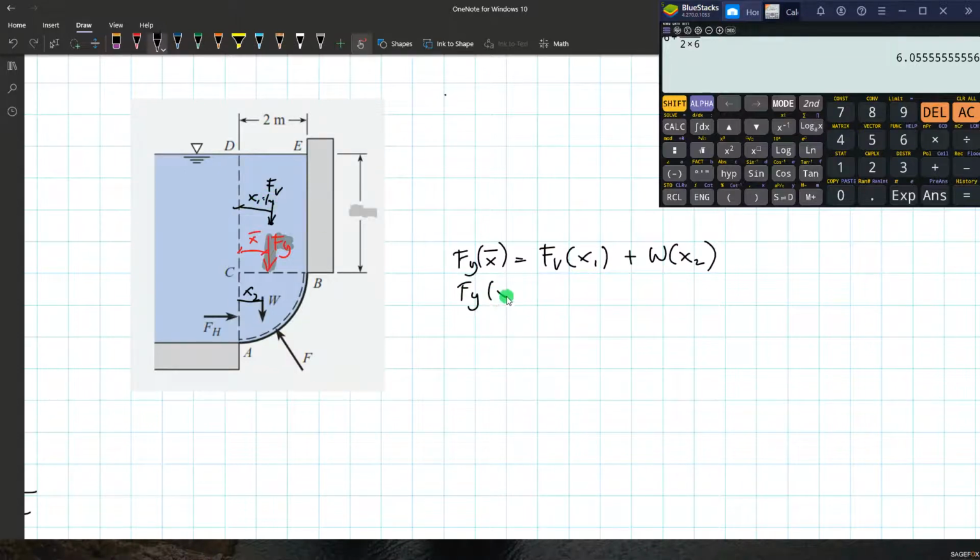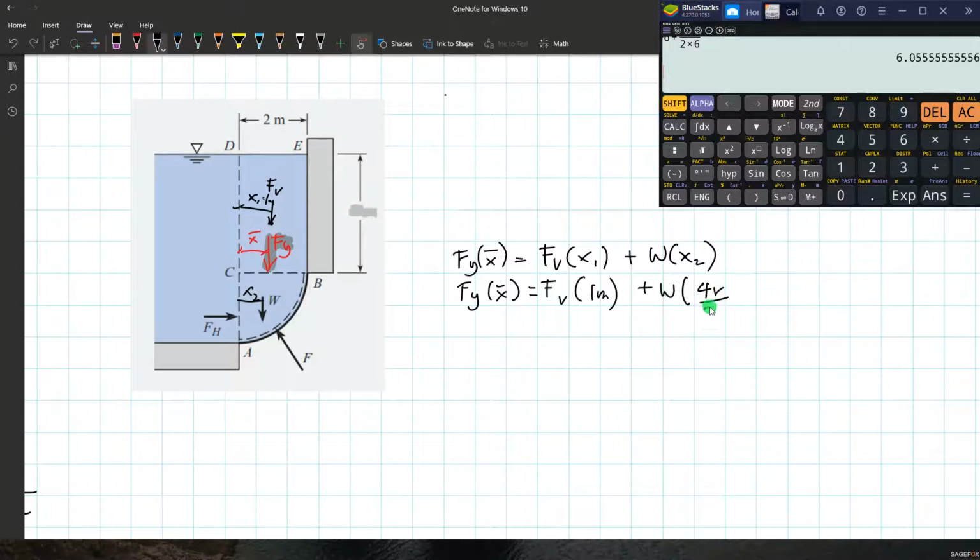So Fy times bar x equals Fv times 1 meter, plus W times x2. How about x2? The distance from this side to W, or the location of the centroid of this quarter circle, we have a solution for that.